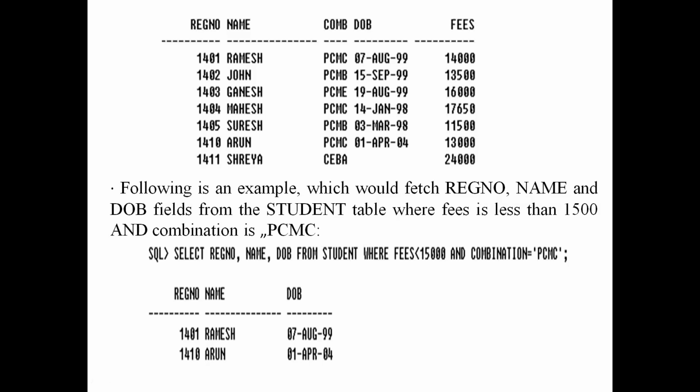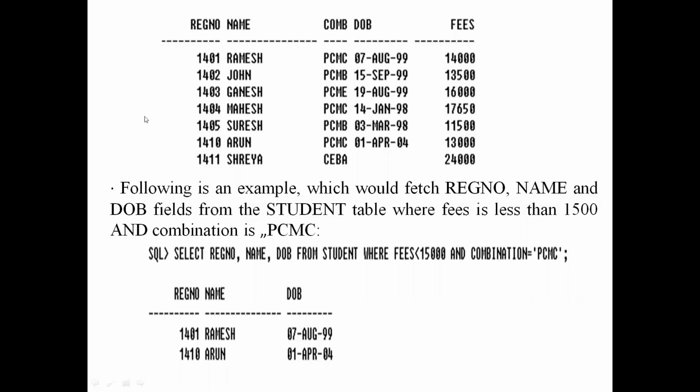How much is the fees? 17,650. Then one more is there, 1410, Arun, PCMC, 1st April 04, fees is 13,000. And one more record is 1401, Ramesh, PCMC, 7th August 99, 14,000.